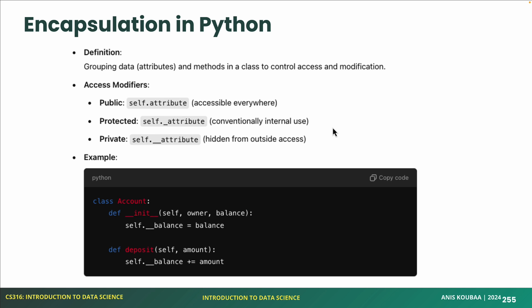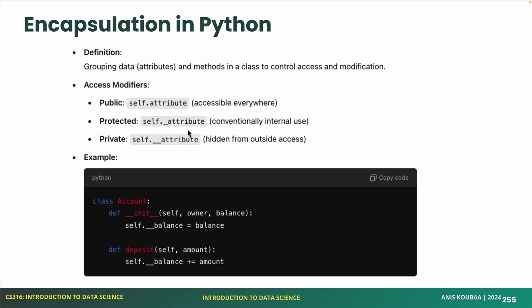So encapsulation means grouping the data. We encapsulate the data into methods, like using the setter and getter in Java, and methods in a class to control access and modification. So if you define an attribute using self.attribute, this means it is accessible everywhere.